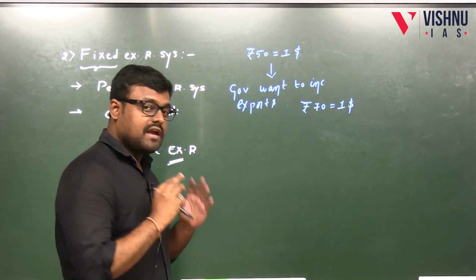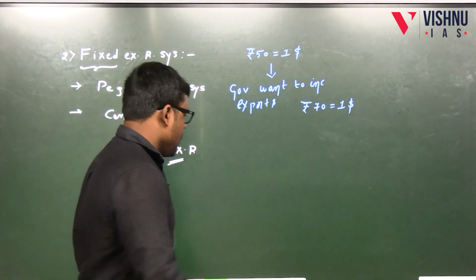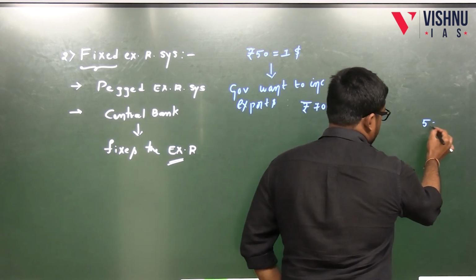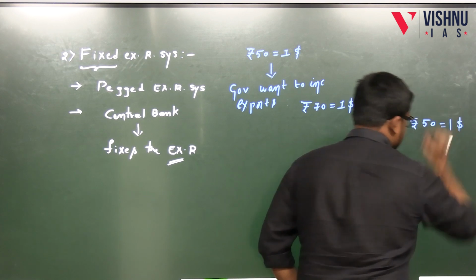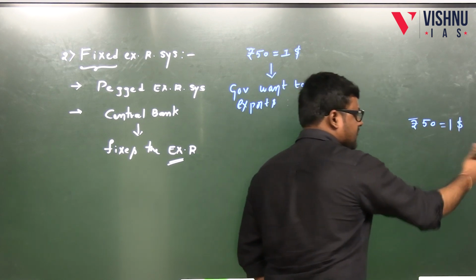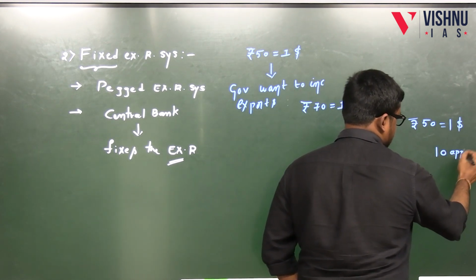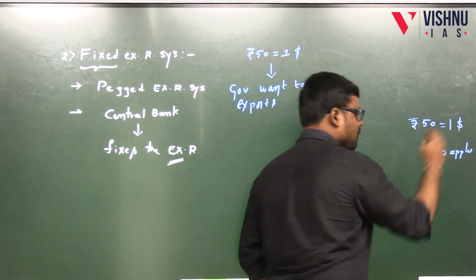So what is the intention of the government? How is this going to happen? Let us see here. Suppose, as I told you initially, the exchange rate is 50 rupees per $1. Suppose an exporter is exporting 10 apples, and he is selling each apple for $1 in the USA.